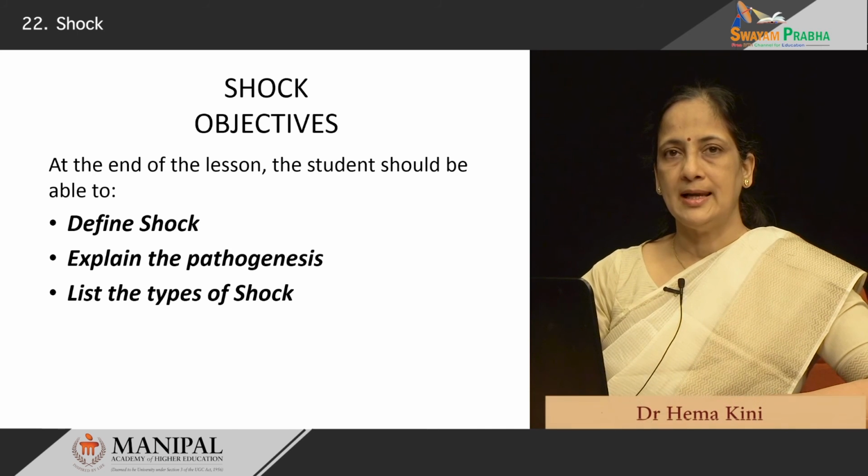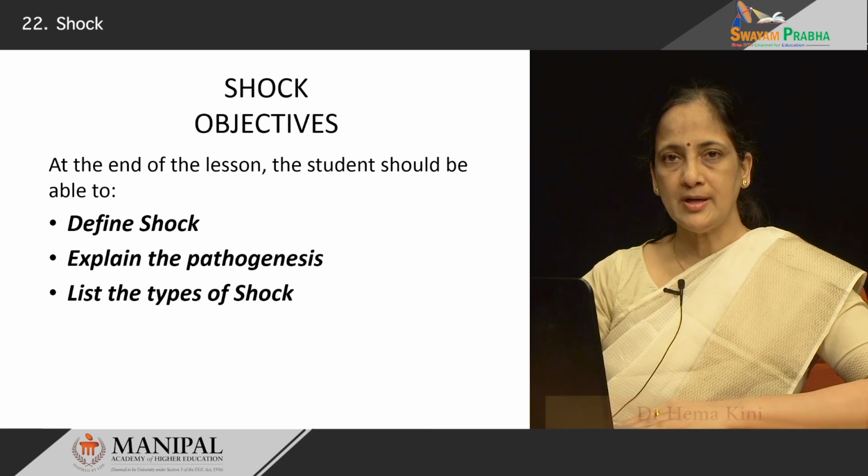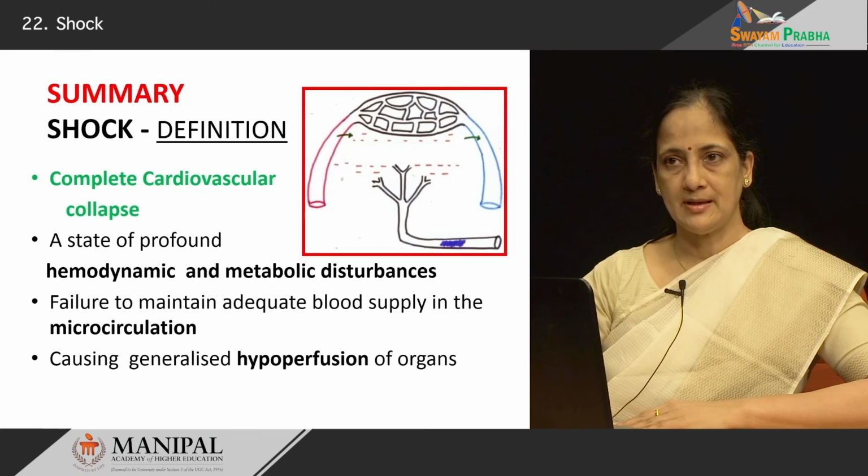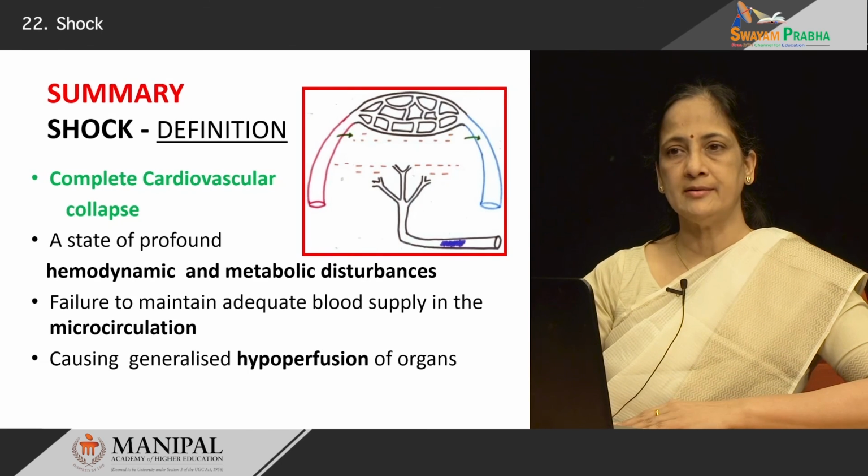We have now learnt the definition of shock, we have understood the basic pathogenic mechanisms, we have learnt that there are 5 types of shock and correlated the mechanism in each one of these types. We saw that shock implies complete cardiovascular collapse, a state of profound hemodynamic and metabolic disturbances characterized by failure to maintain adequate blood supply at the microcirculation.